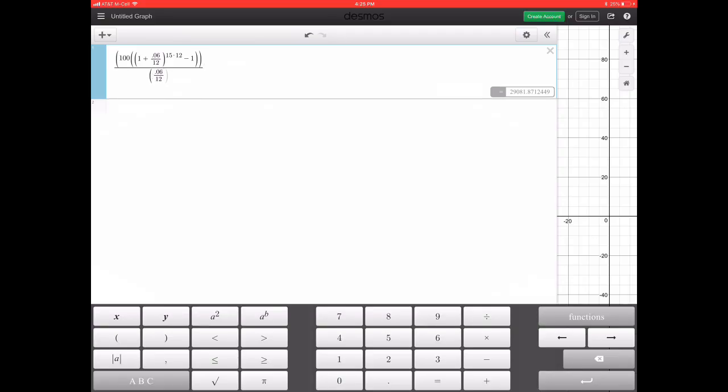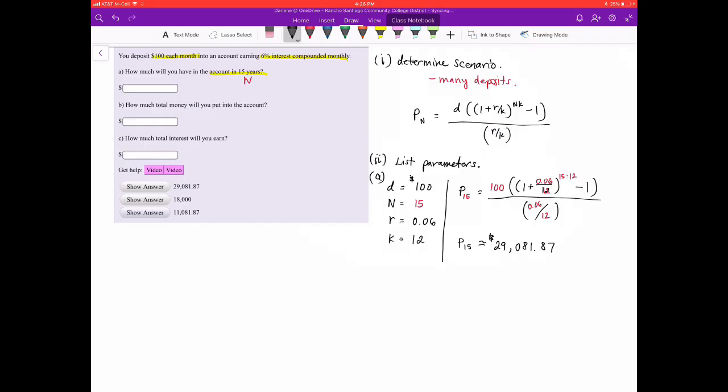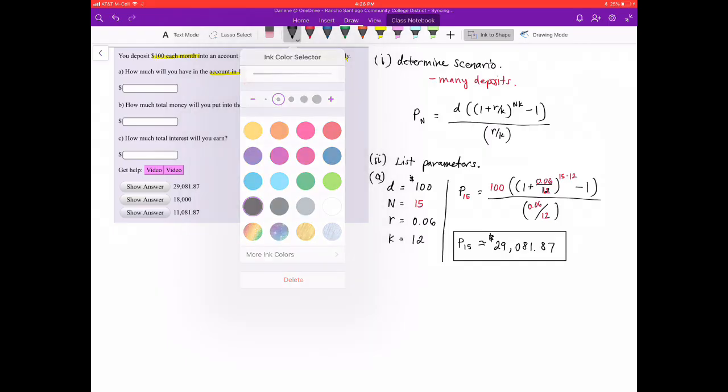So here I would put a parenthesis on the denominator and then here. So you can see parentheses around each numerator and denominator. And to the far right, we get $29,081.87. So after 15 years, the account will have $29,081.87.